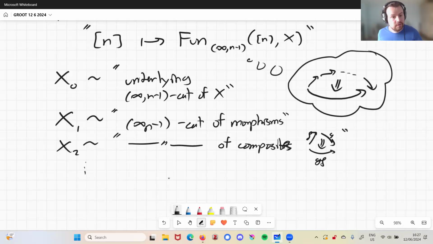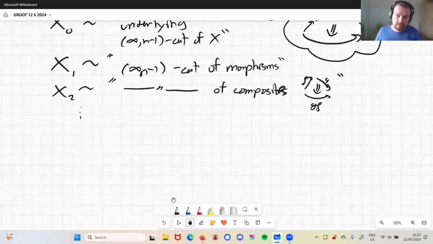And so on and so forth. We'll see Xn as the infinity n minus 1 category of composites of n morphisms. Okay. So if we do have an infinity n category, we should expect a functor from delta op into infinity n minus 1 categories. This is the structure that we're going to expect.